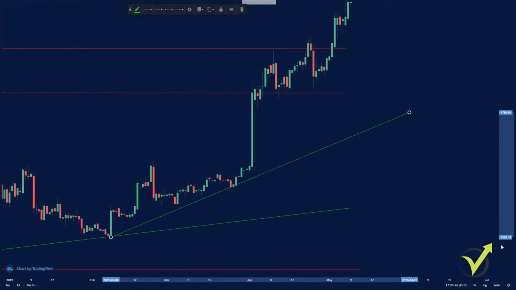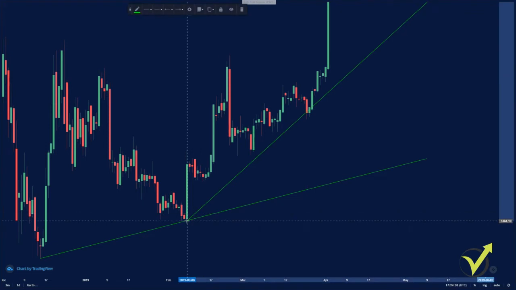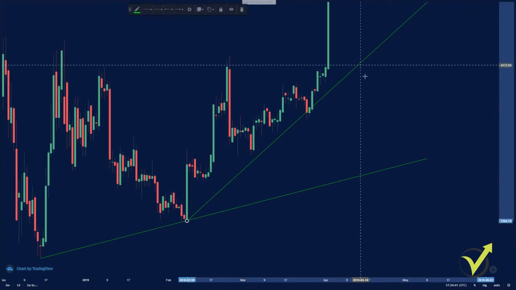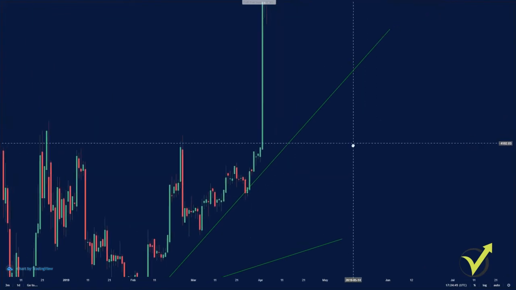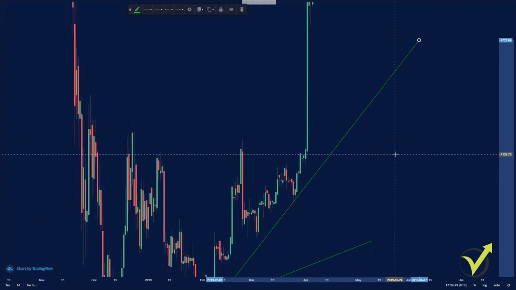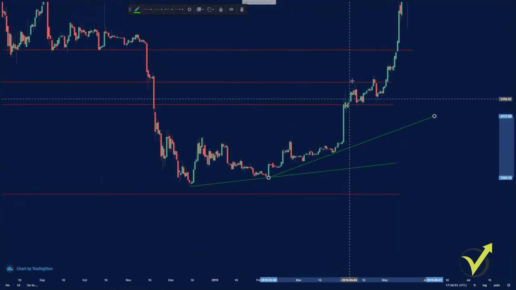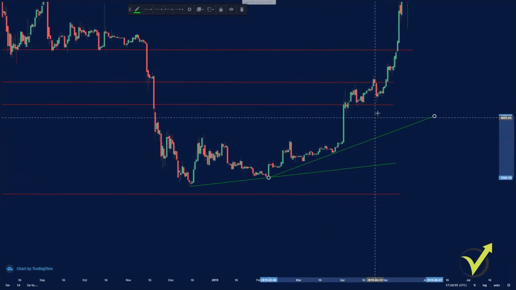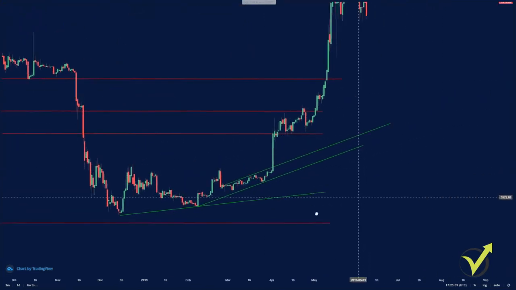Let me zoom in one more time to make sure I'm in the right place. All right, here it is. And then right over here we need to take it through this low, and I will make sure to draw it precisely. Okay guys, then you see we have this impulsive move upwards, and we have this low over here where I need to have the next line.